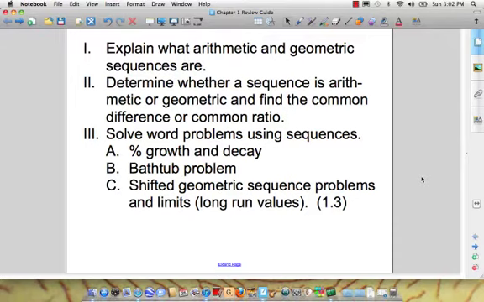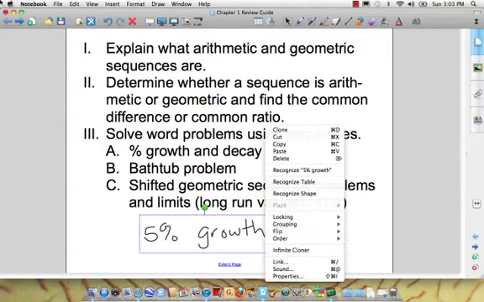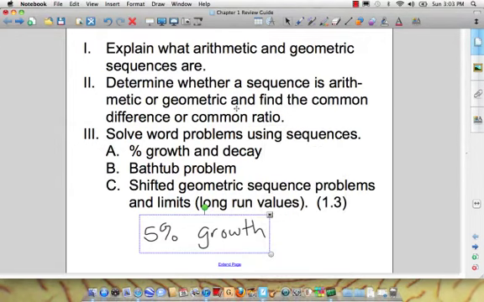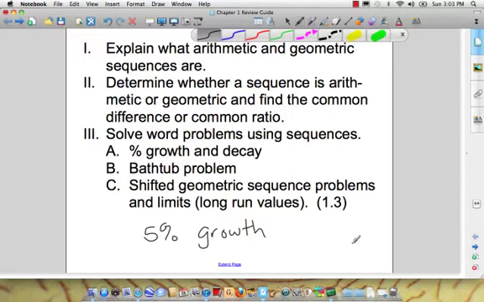For example, if your percentage growth is, say, 5% growth, remember that translates into a ratio or multiplier of 1 plus 5%, or 1.05.